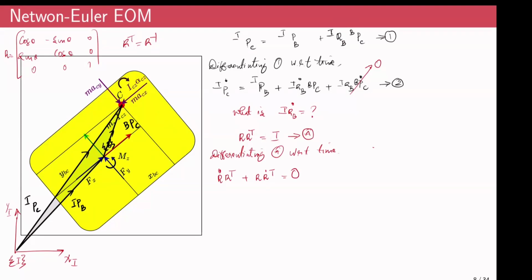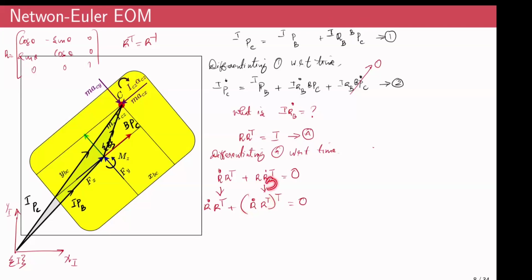So now I'll rewrite this second term. I'll write that second term as R dot R transpose, the whole transpose, and I'll simply carry forward the first term, R dot R transpose, right? Because if you take the transpose of the whole thing inside this parenthesis, you will get back the previous step.